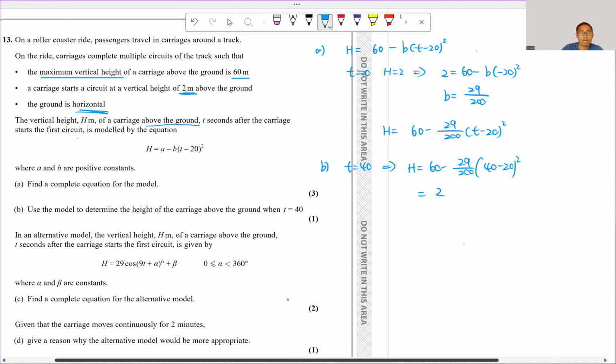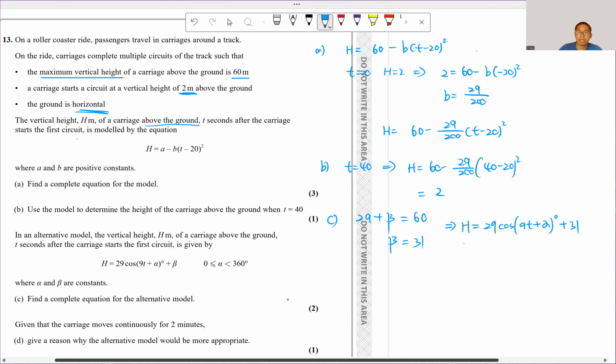Again, we know the maximum height is 60 meters. Cos can only be between 1 and -1, so at the maximum height, cos has to be equal to 1. So 29 + beta = 60, so beta is equal to 31. Then we have h = 29 cos(90t + alpha)° + 31.